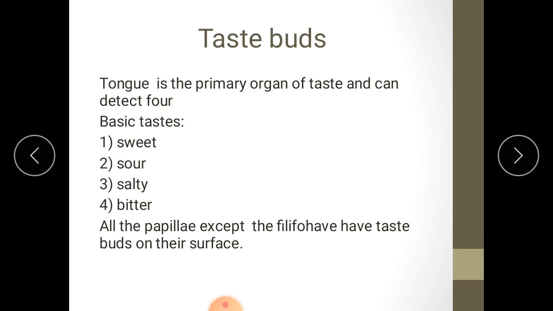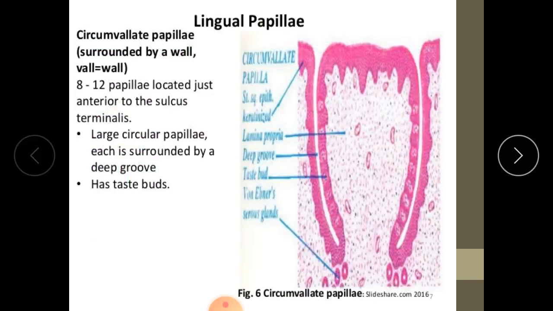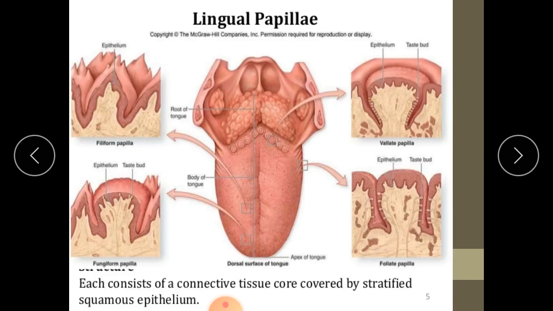Thus, 4 different types of lingual papillae are present on the dorsal surface of the tongue: filiform, fungiform, foliate and circumvallate papillae.